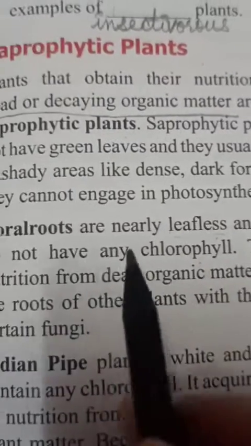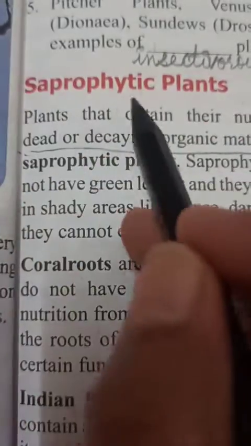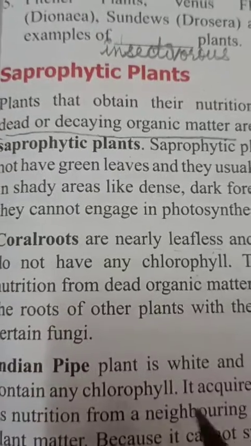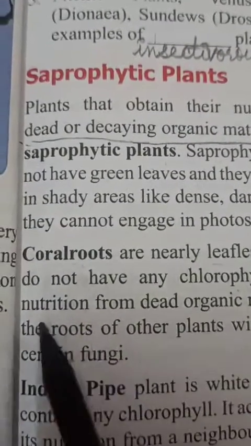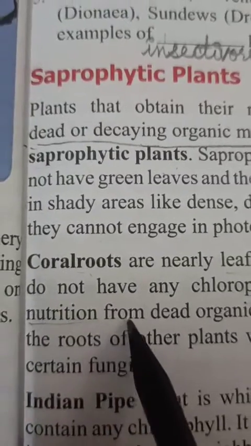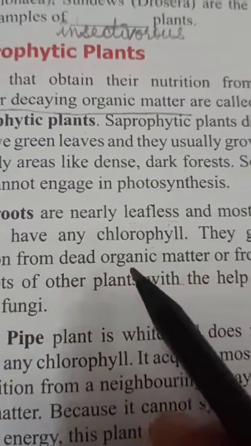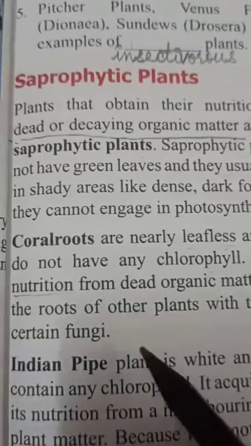That's why they adapt saprophytic type of nutrition, means they grow on dead and decay matter, dead organic matter. So they obtain their nutrition from dead organic matter.